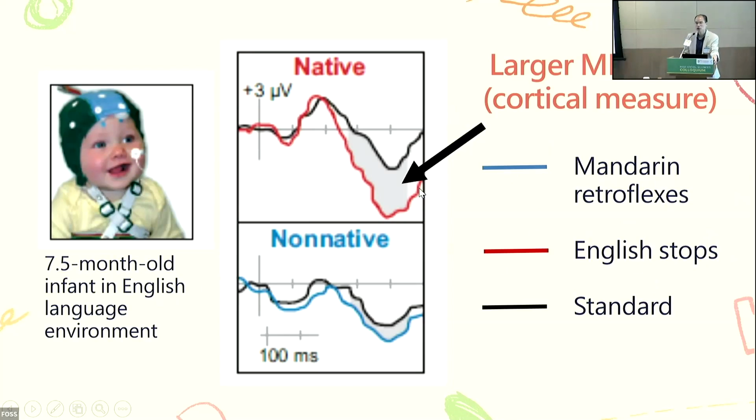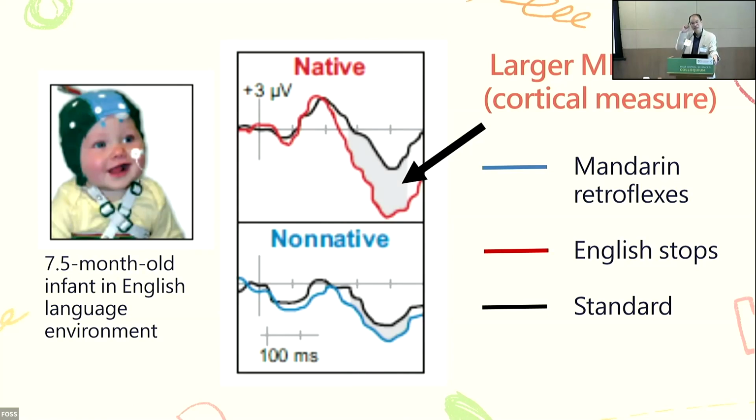Okay, so at the group level, you can see that the child is actually very sensitive to the native sound. That's why you have a huge gap here. The children were not that sensitive to the non-native speech sound because it's not in the child's environment, right? And so then the next question for them is whether or not these results will predict future language development, in the negative direction.